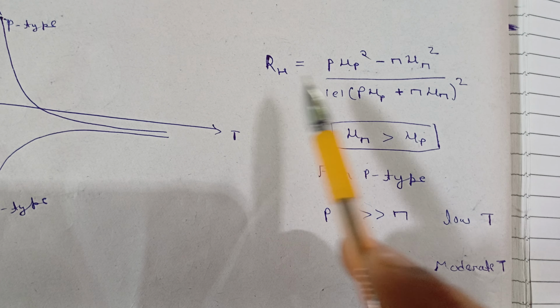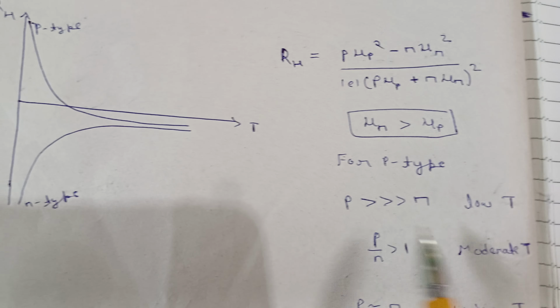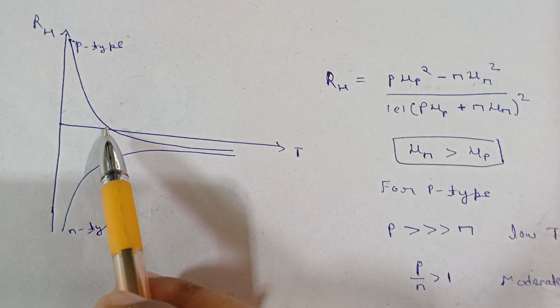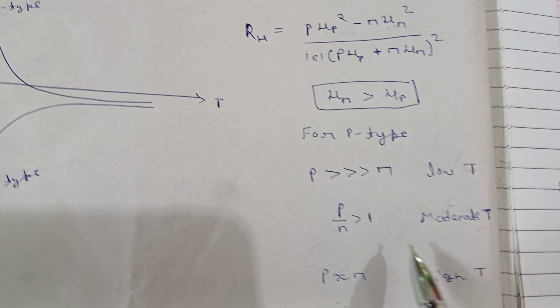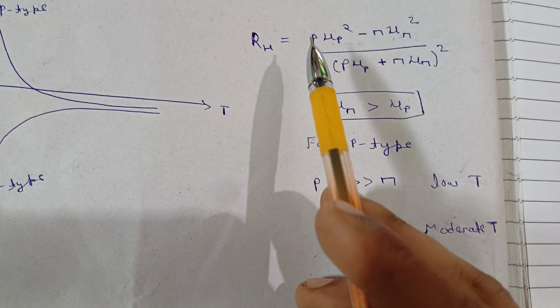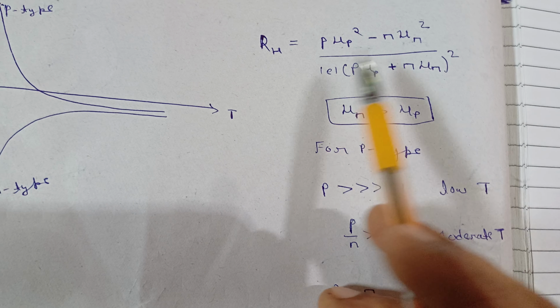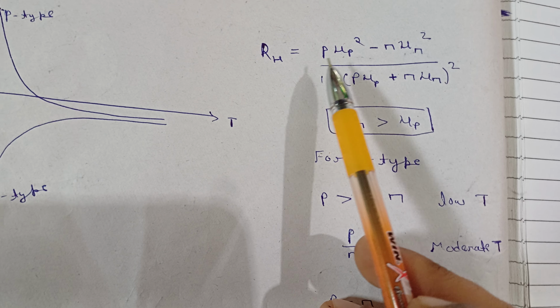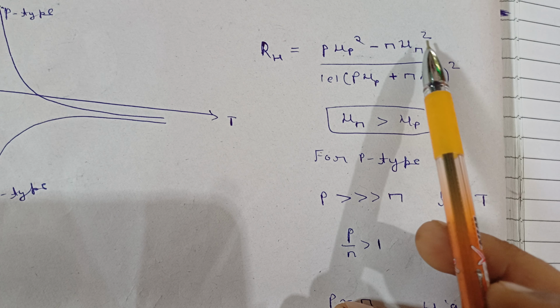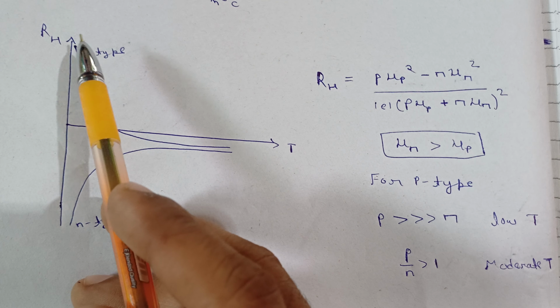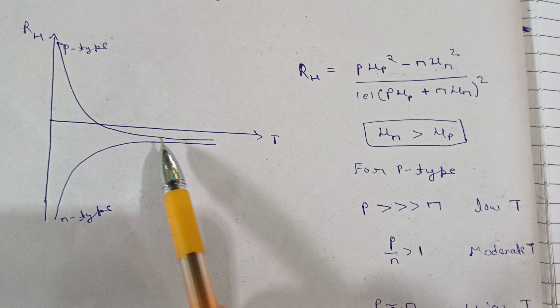So R_H tends to 0 here for the moderate temperature. But if we further increase the temperature to high temperature, then P is almost equal to N, the concentration becomes equal, then mu P is less than mu N, so this whole term will be negative. So the graph will go like this for P type.